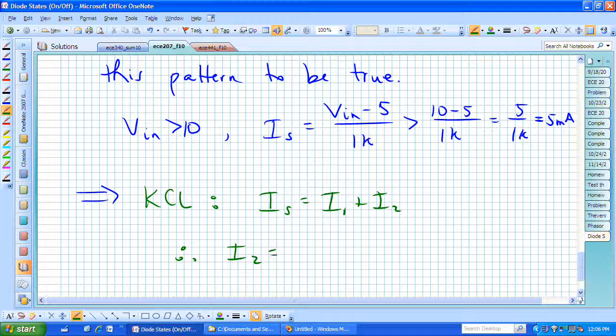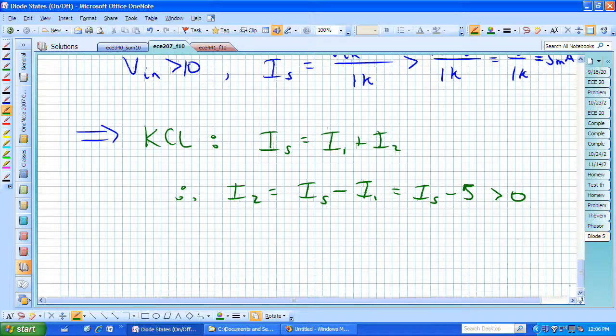I2 is then I sub s minus I1, and we said that I1 was 5 milliamps. What we just said is that if Vn is bigger than 10, then I sub s is bigger than 5 milliamps, and so this I sub 2 will be positive if Vn is bigger than 10.